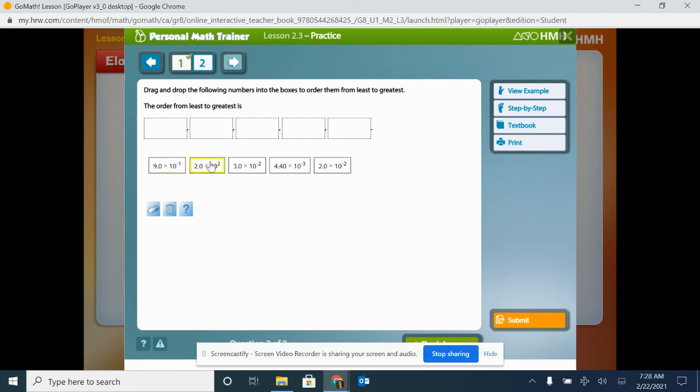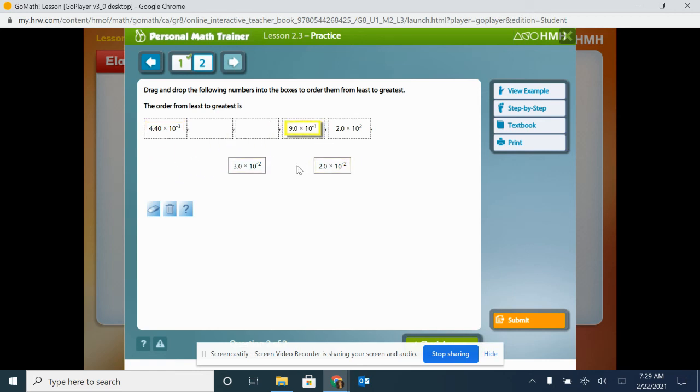Look, -1, 2, -2, -3, -2. So I know that the 2 is going to be the biggest one because it has a positive exponent. The -3 is going to be the smallest one because it has a negative exponent. So I'm going to put it right there. Now, these two are in between, but I know that -1 would be bigger than these. So then it's going to be right there.